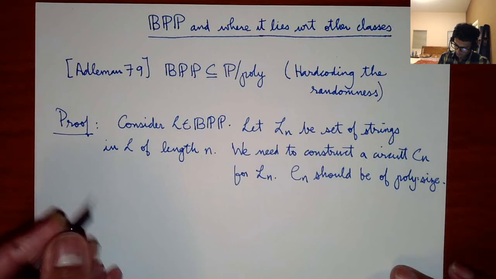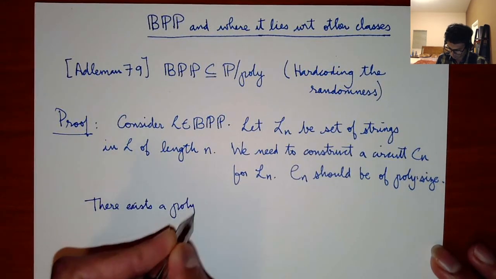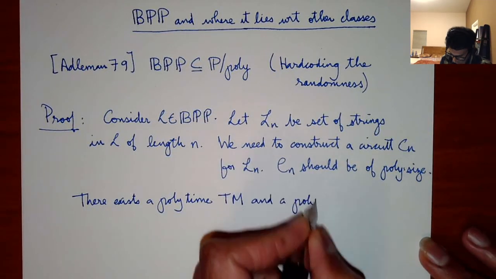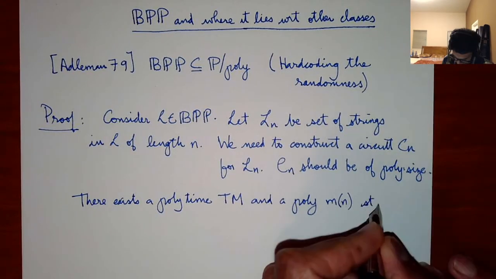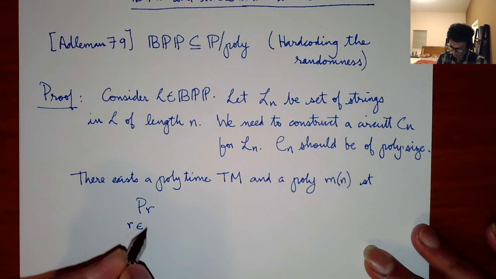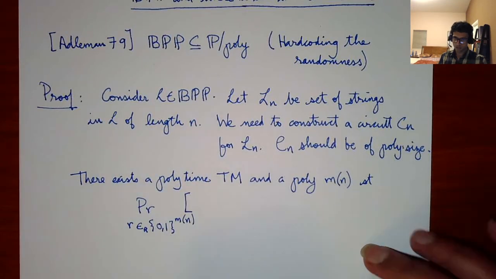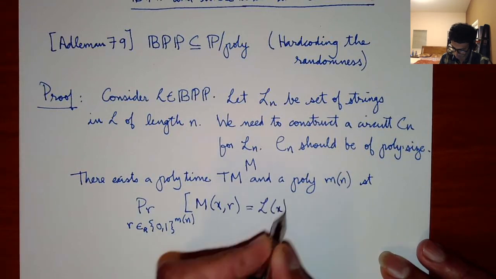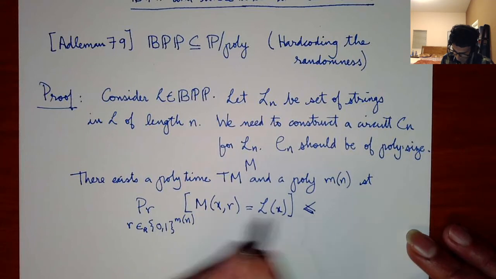Recall that since L is in BPP, there exists a polynomial time Turing machine M and a polynomial that I'll refer to as m(n), such that the probability over R, where R is chosen randomly from {0,1}^m(n), so m(n) is the length of the string, that M(x,R) is not equal to L(x) is at most the probability of error.